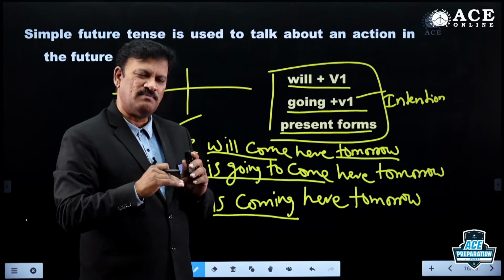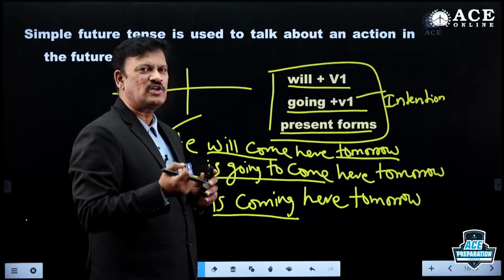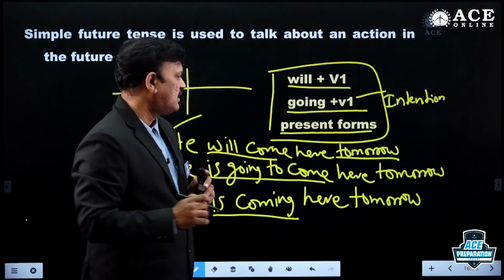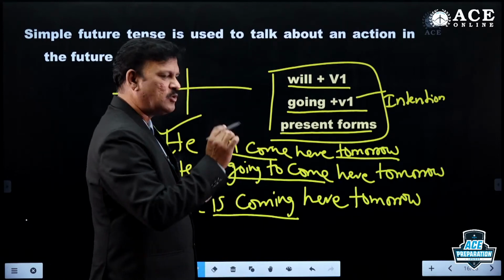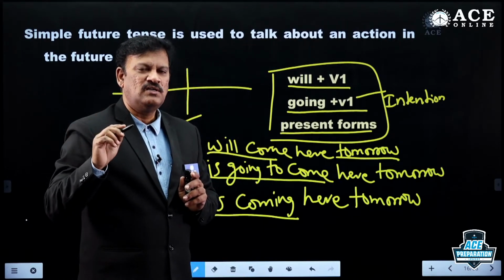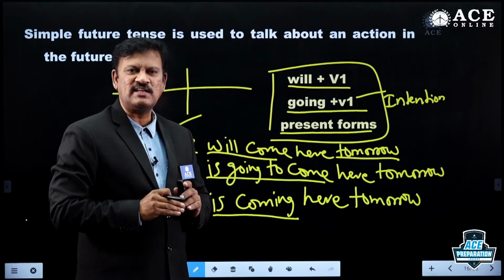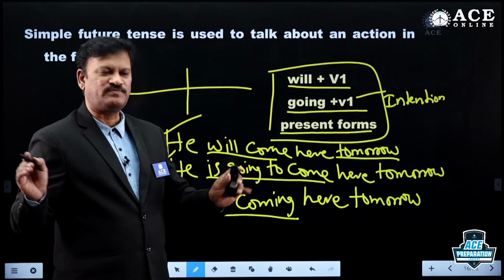No. Already my timetable is prepared for tomorrow. So whenever I talk about a future timetable, a fixed time, I use this present form: I am watching Pushpa tomorrow. If I haven't prepared for watching the movie, then I can say I'm going to watch tomorrow. "I am watching" means a fixed one.